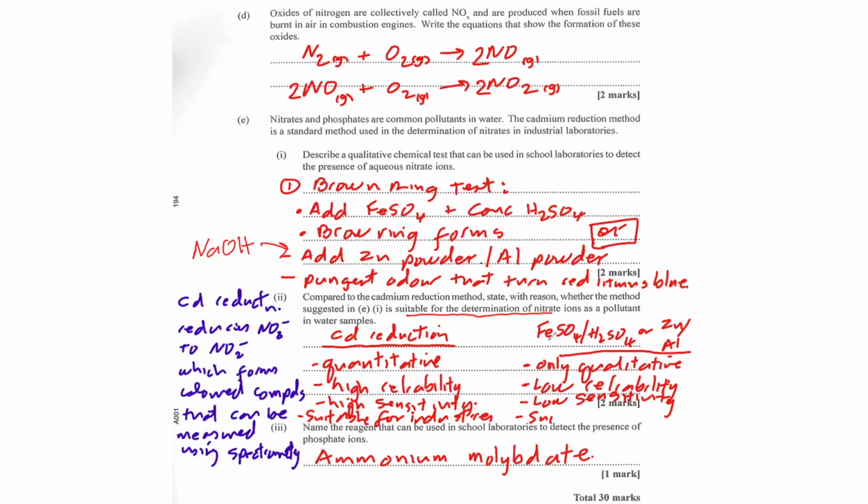But with the iron(II) sulfate and the sulfuric acid, or the sodium hydroxide, followed by the zinc or aluminum powder, these are just methods used by schools to identify that nitrate ions are present. So it is a qualitative method. It has low reliability and low sensitivity.